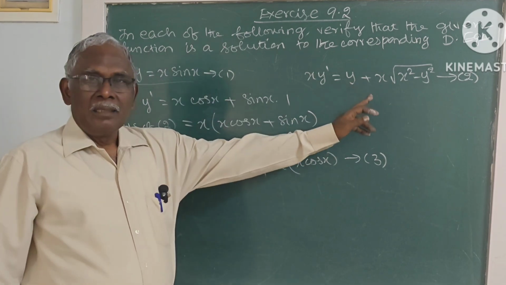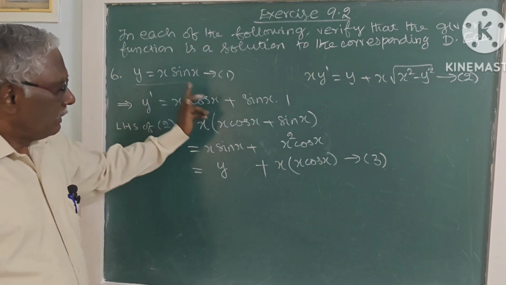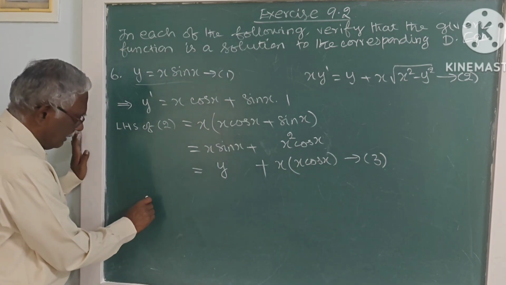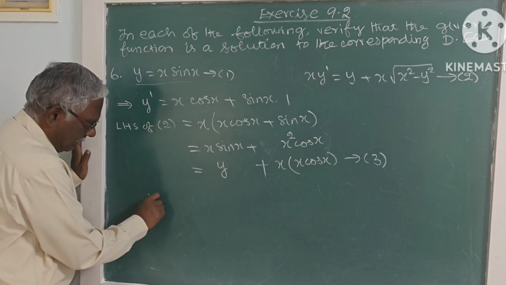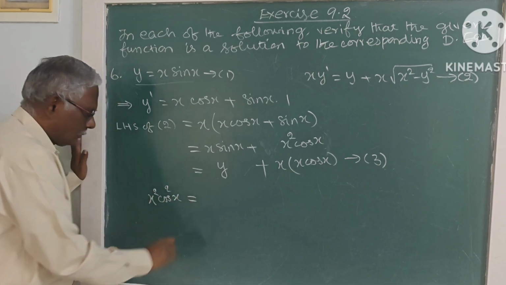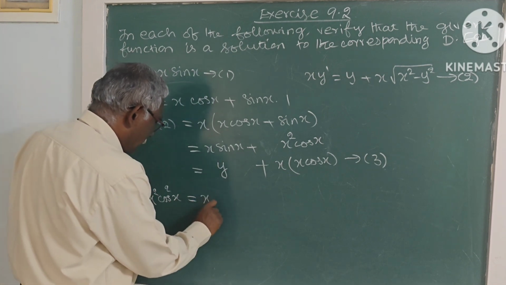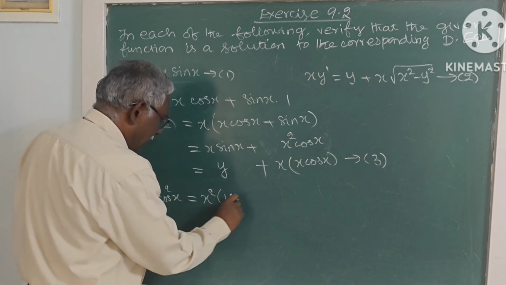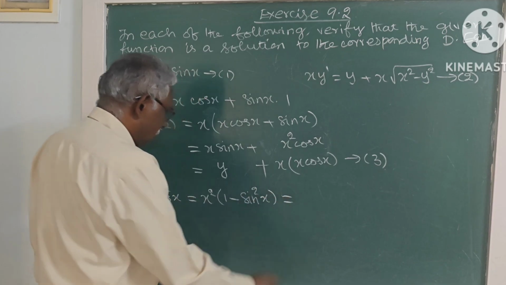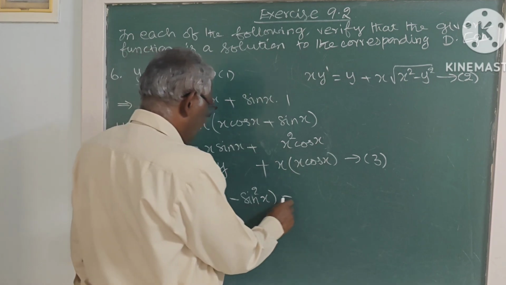Now we have to see how to get the value of x cos x in terms of x and y. We know x square cos square x is equal to x square into 1 minus sin square x. That is equal to x square minus x square sin square x.